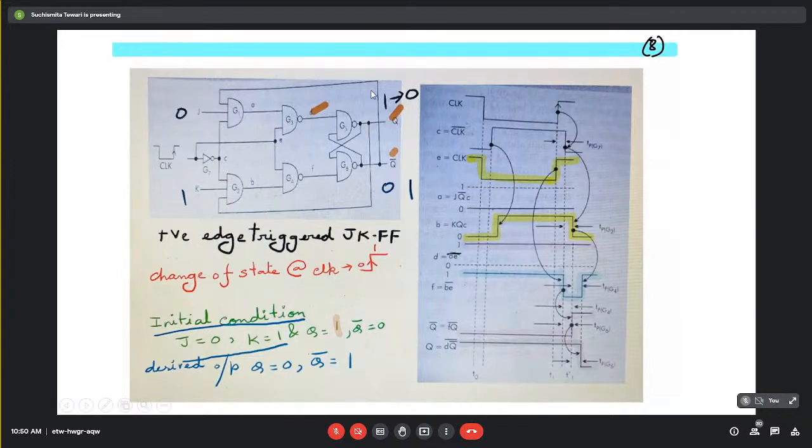So here this circuit arrangement is given to you. And you are asked to prove that this circuit behaves like a positive edge triggered JK flip-flop.